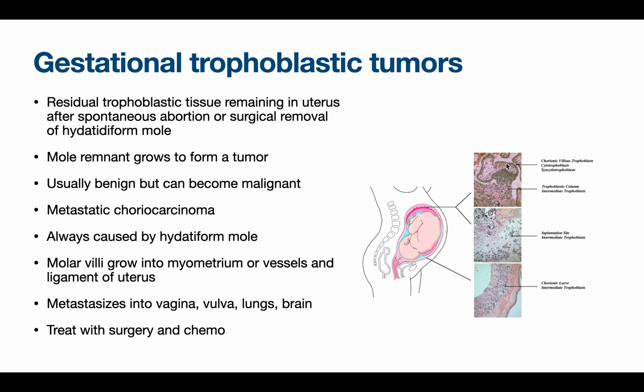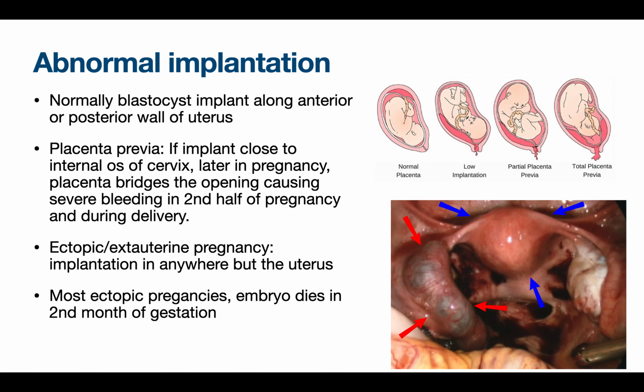Here you can see all this. This is the healthy one. Here's the implantation site. Chorionic layer. This is where they would invade. There are also a bunch of abnormal implantations. Normally the blastocyst implants along the anterior or the posterior wall of the uterus.